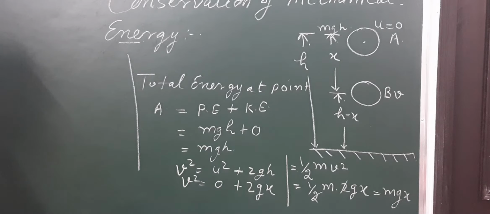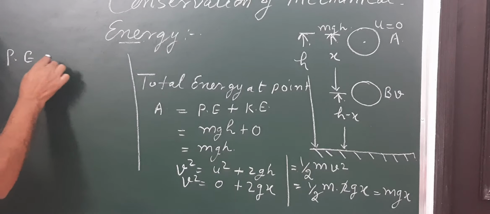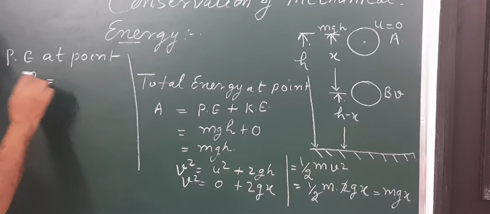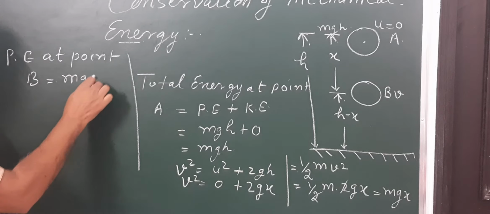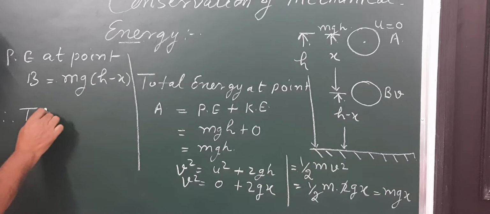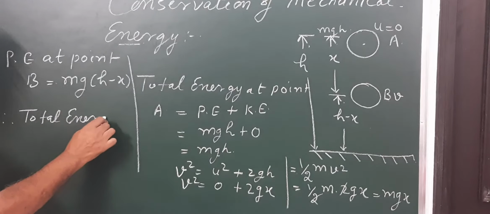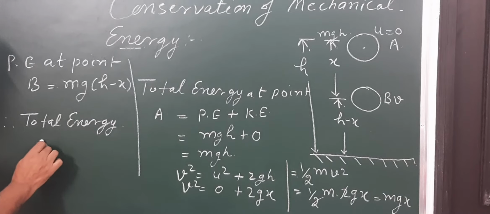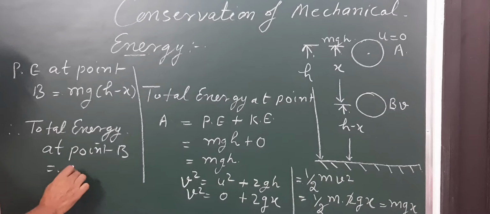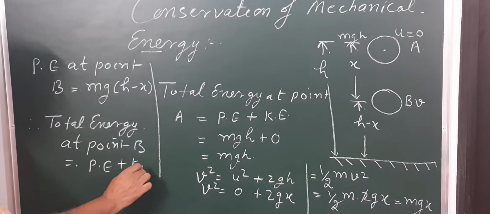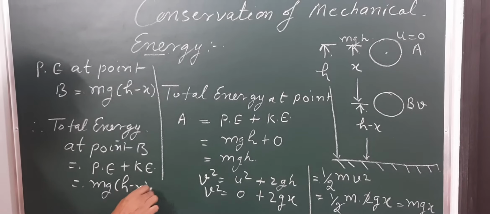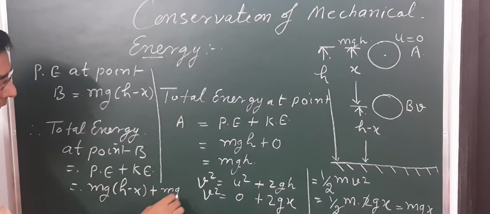And its potential energy at this point B is equal to mg(h minus x). Therefore the total energy at point B is equal to potential energy plus kinetic energy, and this is equal to mg(h minus x) plus kinetic energy mgx.